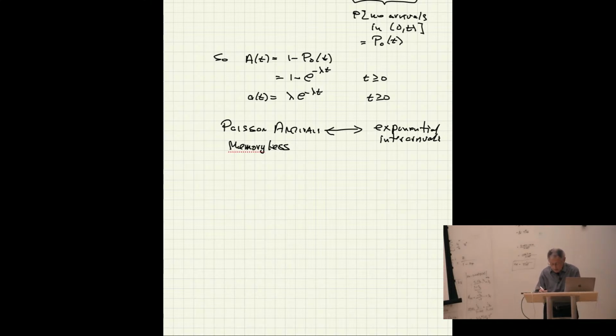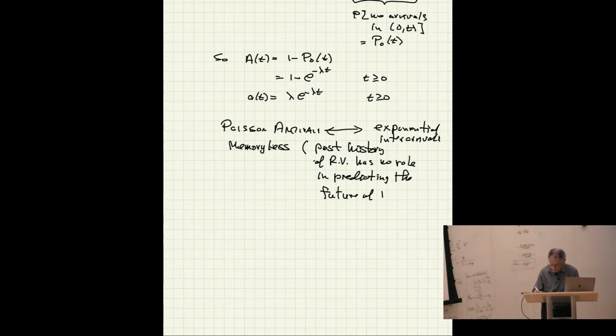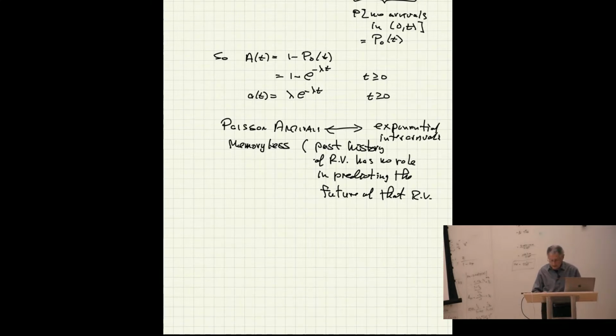But what I mean by memoryless, though I haven't proven it's the case, is that the past history of the random variable has no role in predicting the future of that random variable. Well, let's see what I can prove about this.